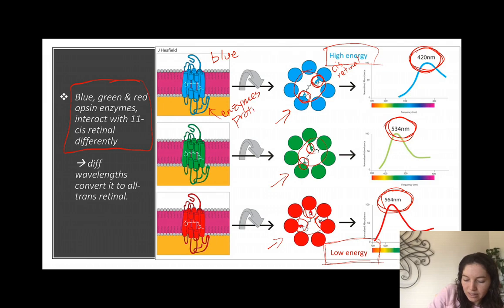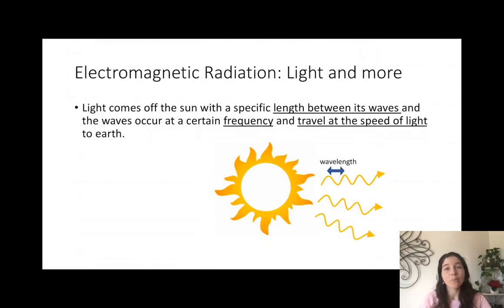Not all proteins are enzymes, but this is not a biochemistry class, so we're okay. And different wavelengths convert your cis-retinol inside your molecules to trans-retinol. So cis-retinol is in all of them, and it's converted for each of them. Okay. So that's a real-life example of how electromagnetic radiation changes molecules and why it matters to us.